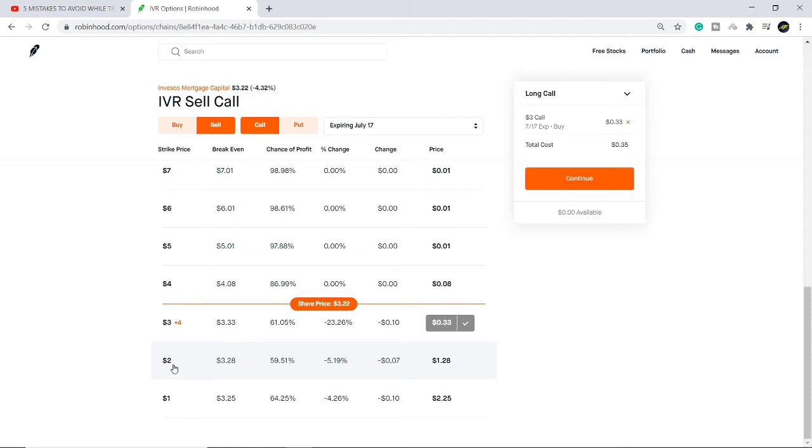And the stock goes down, let's say it's at $1.99, right? You get to collect the $128 and you get your 100 shares back. But let's say the stock goes up, right, to $3. Well, you're forced to sell the 100 shares of IVR for $2 instead of $3. So you lose money on that, but you still get to keep the premium.